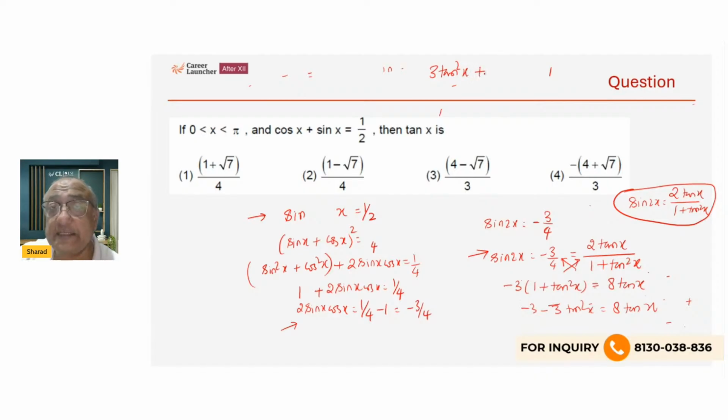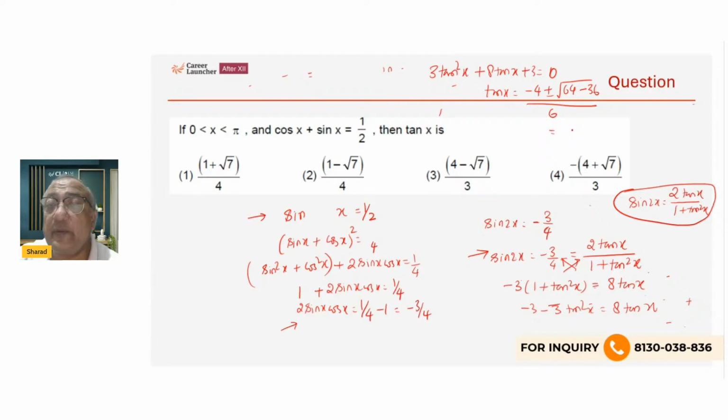This is 3 tan square x plus 8 tan x plus 3 is equal to 0. This is a quadratic equation. From this, tan x will come equal to minus 8 plus minus under root 64 minus 4 into 3 into 3, which is 36, divided by 6.